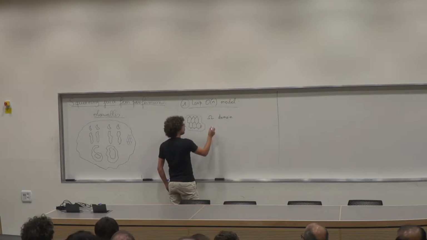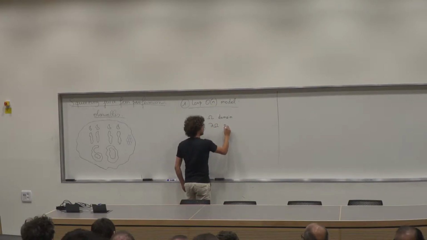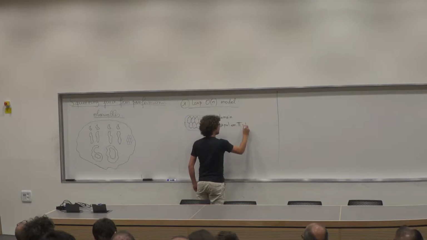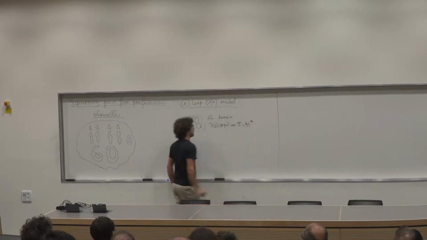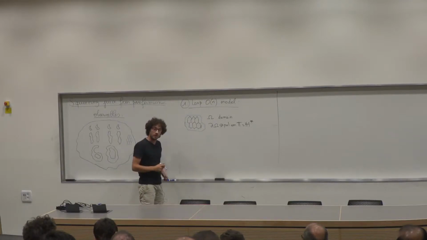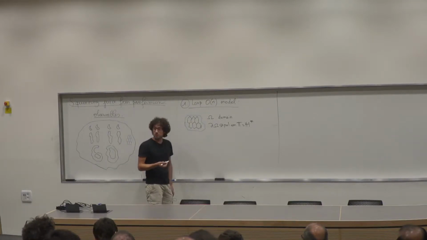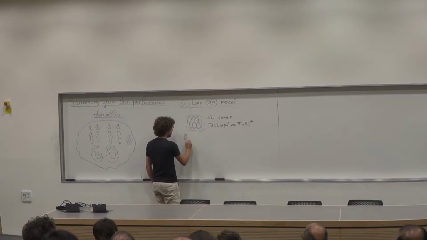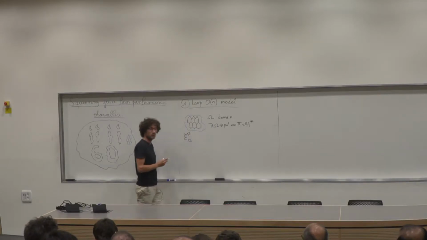So the boundary of omega is a self-avoiding polygon on the dual of the hexagonal lattice. Now that you have your domain, inside this domain you pick a loop configuration. It's just a configuration of non-intersecting self-avoiding loops. Let's call E(omega) the set of these.